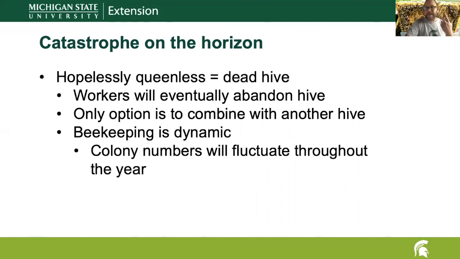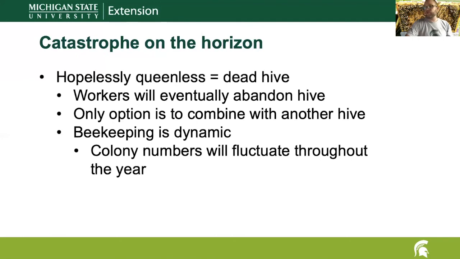They will not accept that queen, period. You could throw money at it all day long. There is no way you are going to recover from this. Hopelessly queenless means exactly what it says. There is no way to get this queen right, period.